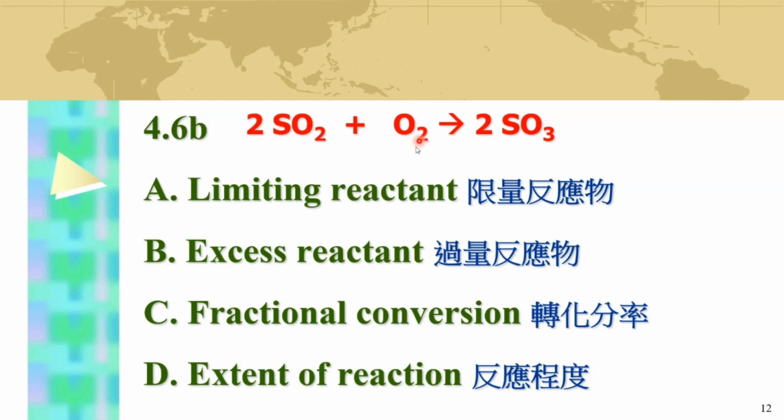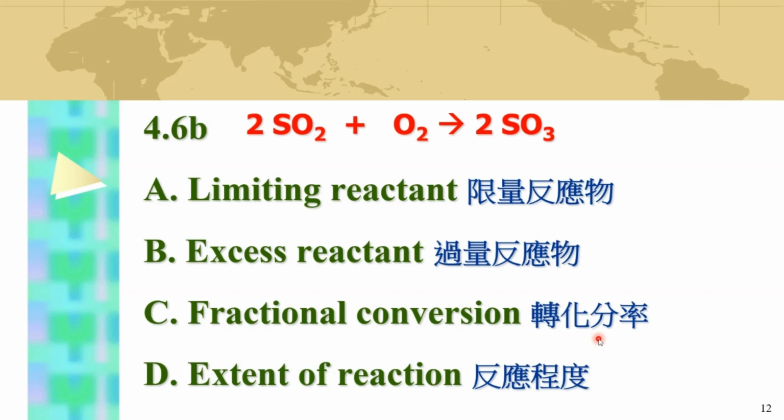However, how much? Then we want to introduce another 2 terms. The first one is called fractional conversion. You understand that with SO2 plus O2, if you have a complete conversion, that means all of the SO2 will be consumed to become SO3. But for some reasons, you don't complete this reaction because you run out of time, or you just want to stop it when the conversion becomes 80%, right?